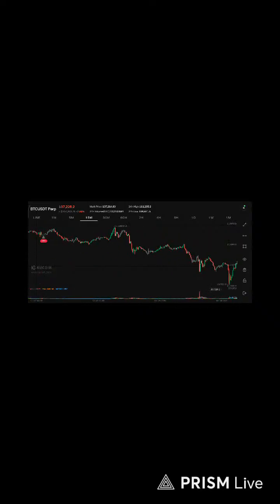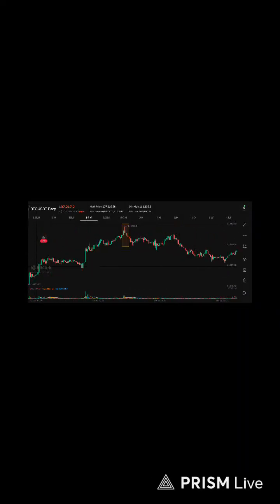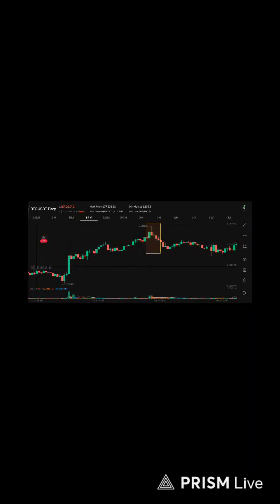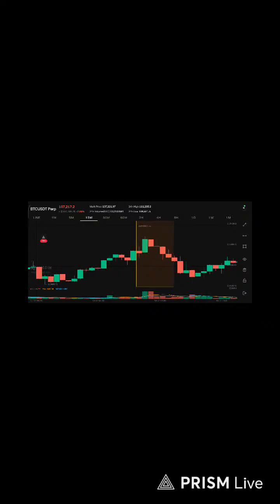That's it. Let me zoom it so that you guys can really see it. Have you seen it? Two of the candles we formed. This is the one I'm referring to.